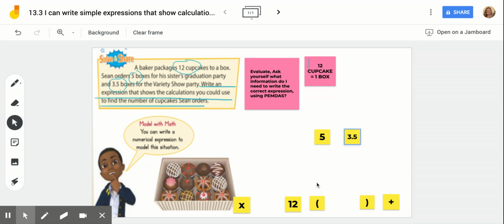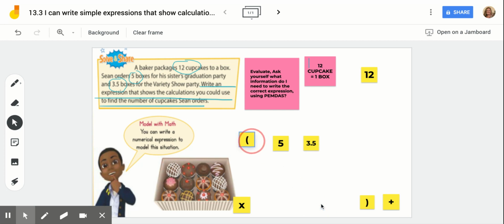With writing an expression to show calculations, what do we need to know first? This 12 represents how many cupcakes are in one box. If Sean orders 5 boxes for a graduation party and 3.5 boxes for the variety show, what do we need to find first in order to find the total?